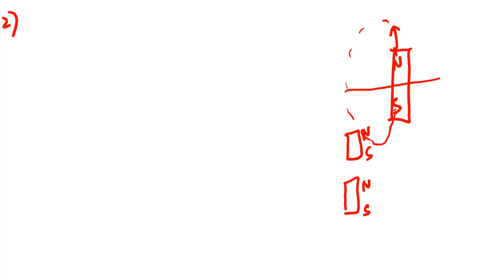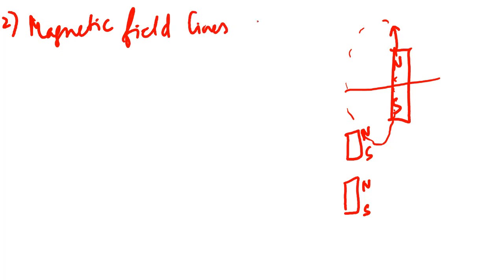Unlike electric field lines, magnetic field lines are closed loops, because you always have both a north and a south pole. There are no magnetic monopoles.